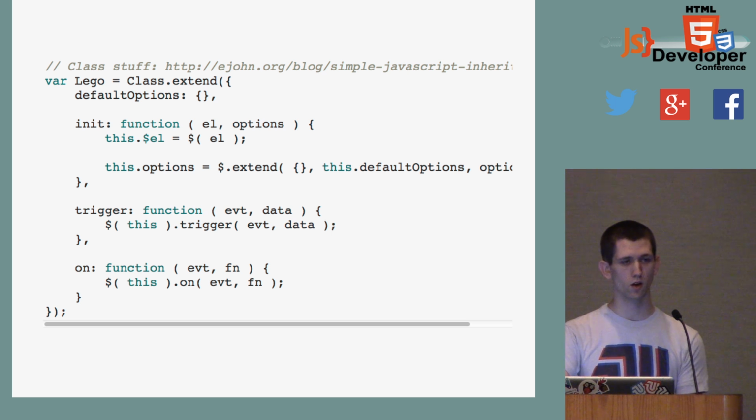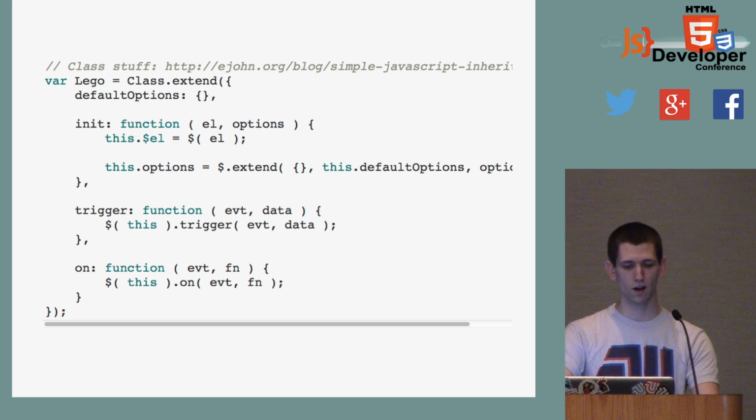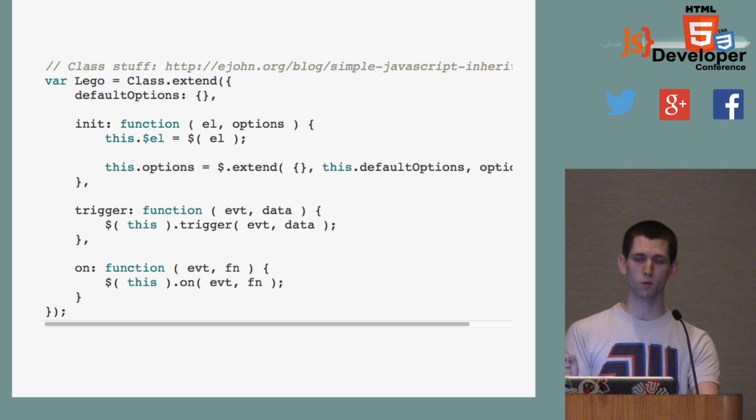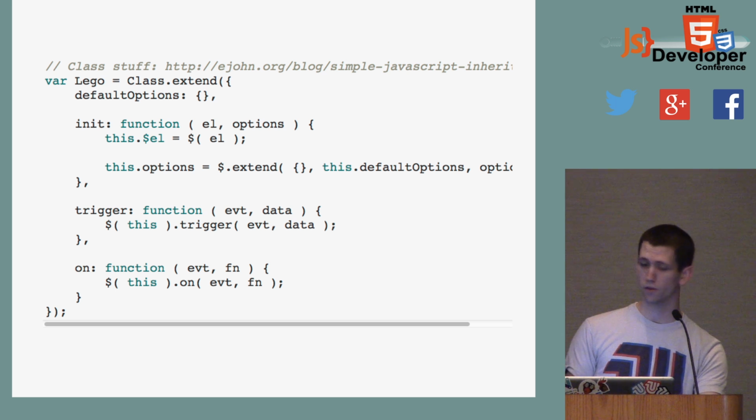My constructor for all of these components is going to take an element and then a set of options. Inside the constructor, I'm going to take the element, wrap it in a jQuery object and store it on the instance. Then I'm going to take the options that were passed in, override the defaults, and store that in another object called options on the instance.